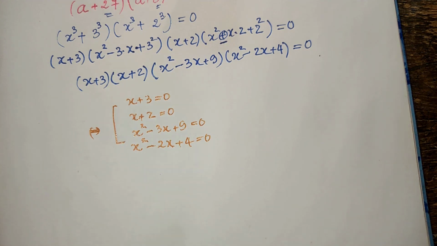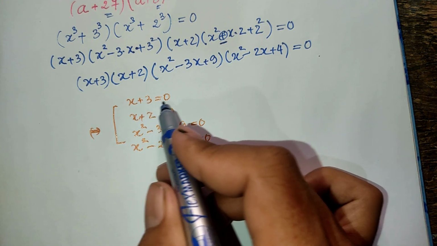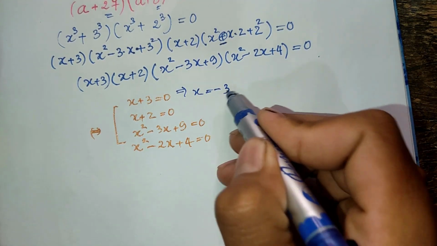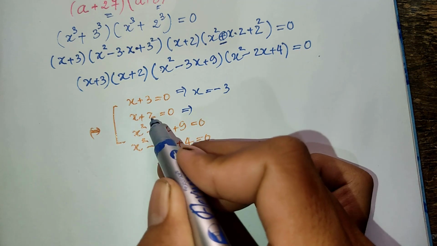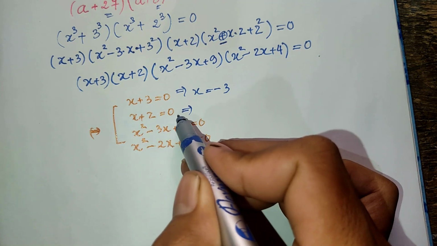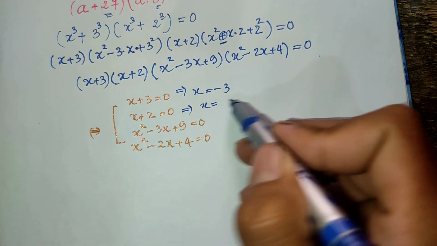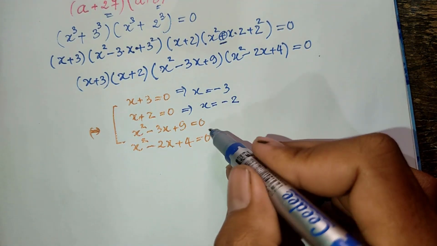Now h plus 3 equals 0, so we get h equals minus 3. And h plus 2 equals 0, so we get h equals minus 2.